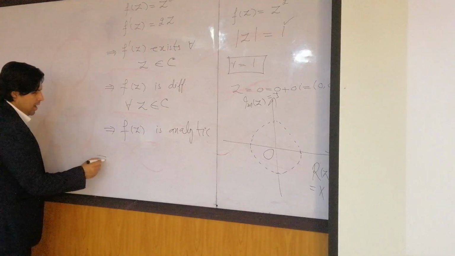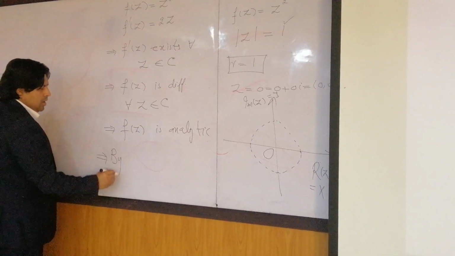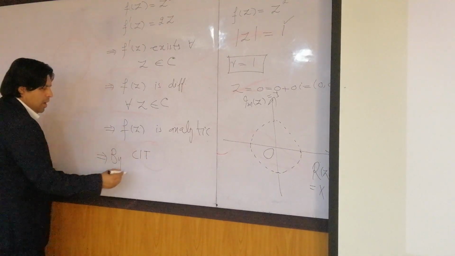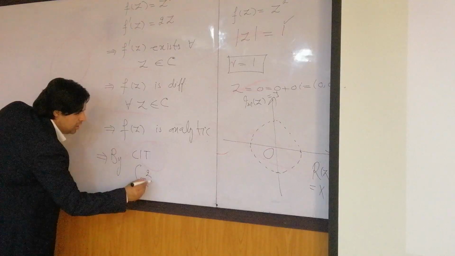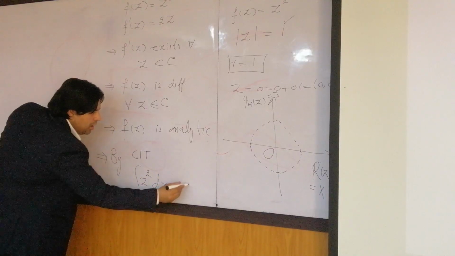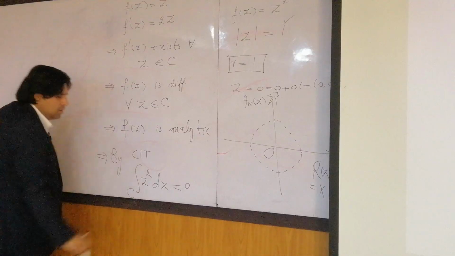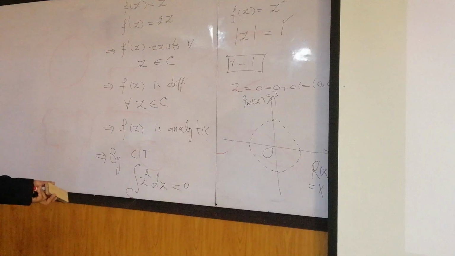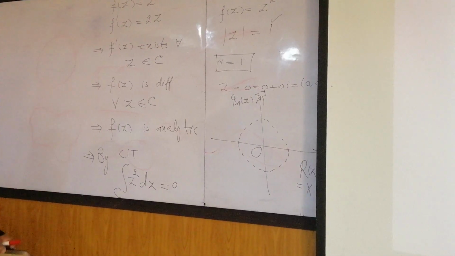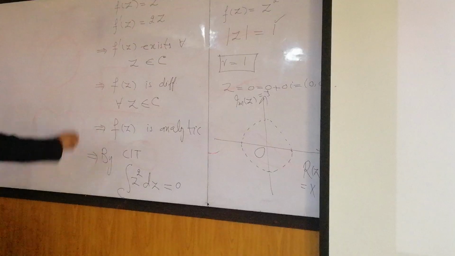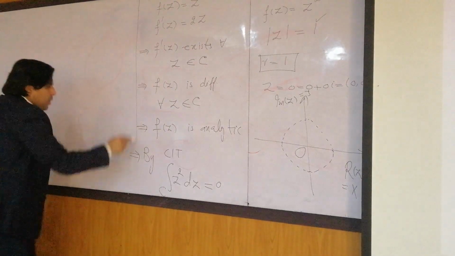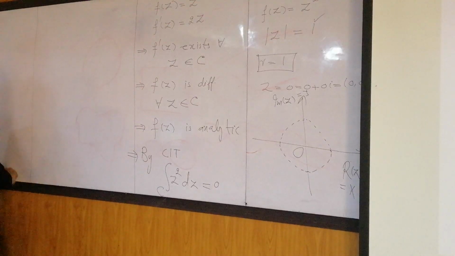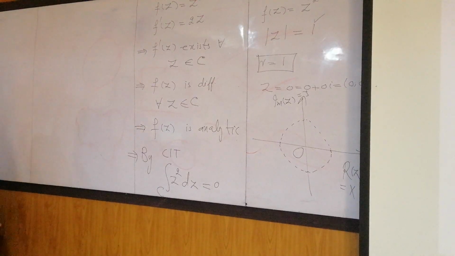And this implies that by the Cauchy integral theorem, integration of z square dz is equal to 0 along the given simple closed curve. This is one method to find that the function is analytic, but now I have to show you another method in which we have to show that the given function satisfies the Cauchy-Riemann equation.